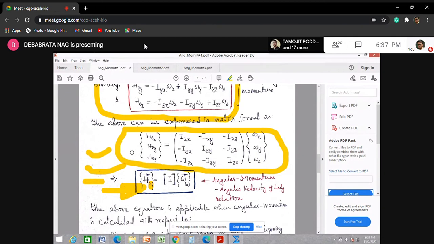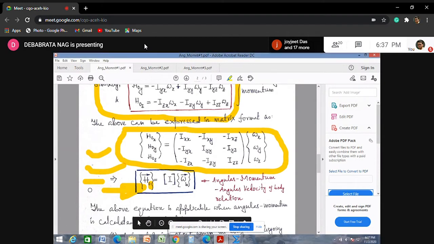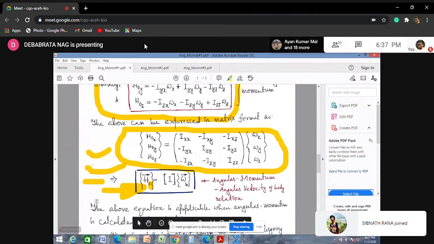That means the relative velocity of any point on the body and the selected point should be expressible in the form omega bar body cross the position vector of that point with respect to that particular point about which you are writing your momentum equation. So only when these three criteria are satisfied will you be able to write this equation.